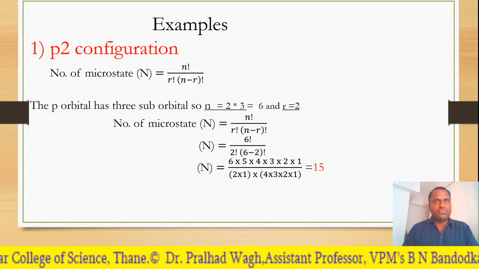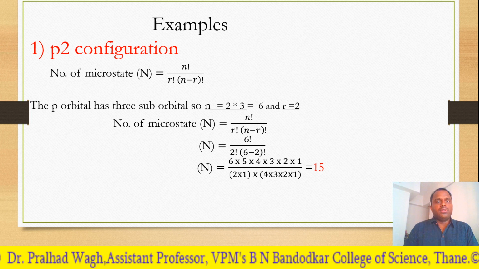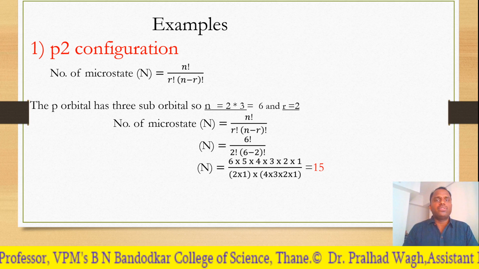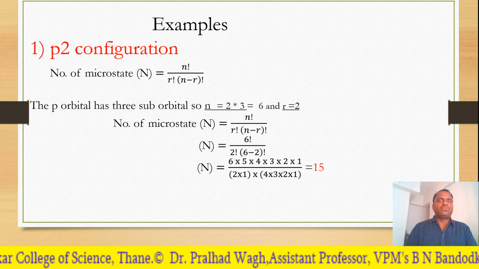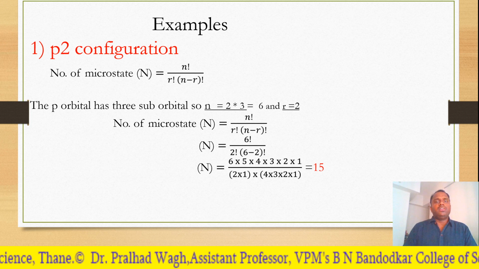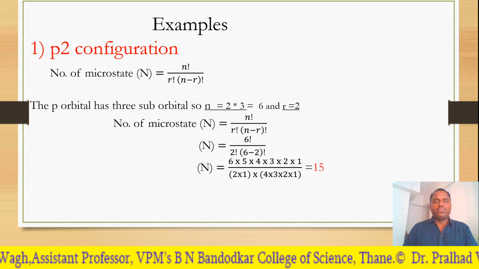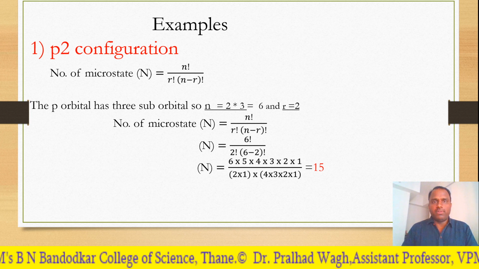So 6 minus 2 factorial becomes 4 factorial, and above, the 6 factorial can be split as 6 into 5 into 4 into 3 into 2 into 1, divided by 2 factorial, split as 2 into 1, and n minus r is nothing but 4 factorial, split as 4 into 3 into 2 into 1.